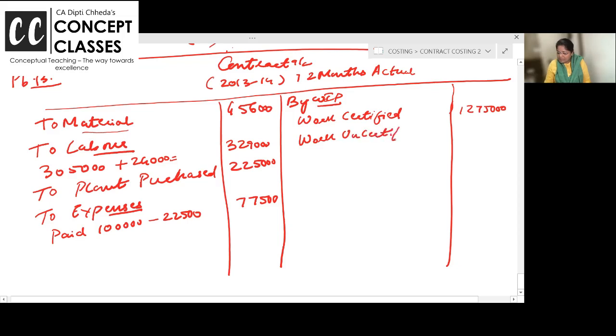Work uncertified, 40,000. Material at site. Just you have to copy the figures. Don't you think this is going to be very scoring in the final exam also? Material at site, 30,000.